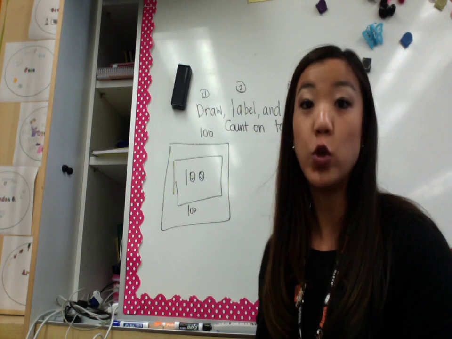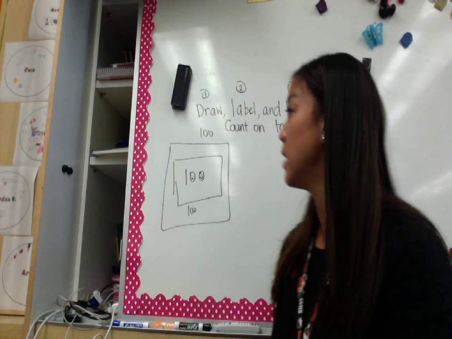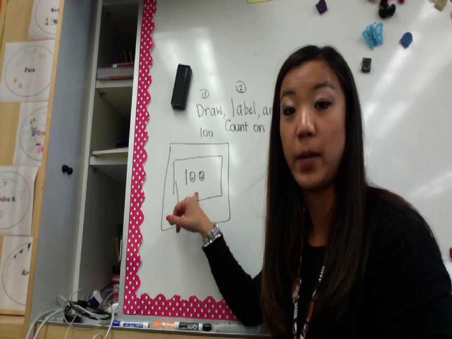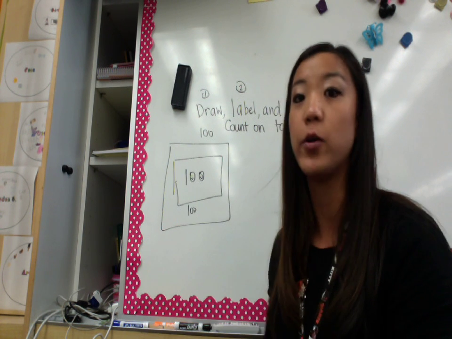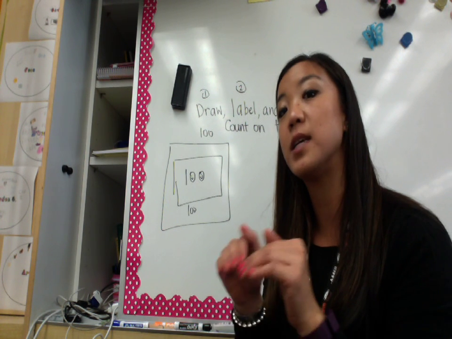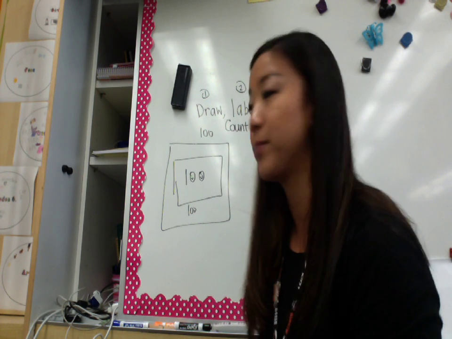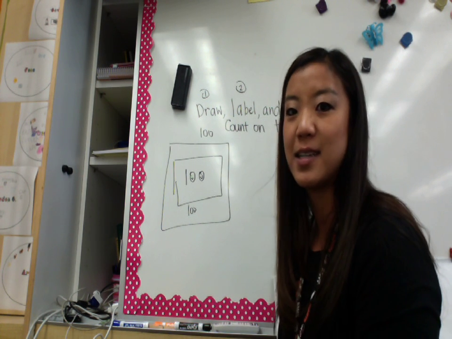Okay? You can also do big jumps if you have to count by hundreds. Only when you're at that happy benchmark number. If you're not at a happy benchmark number, you need to make small jumps and count by ones until you get to that happy benchmark number. And I'll show you what I mean in the next example.